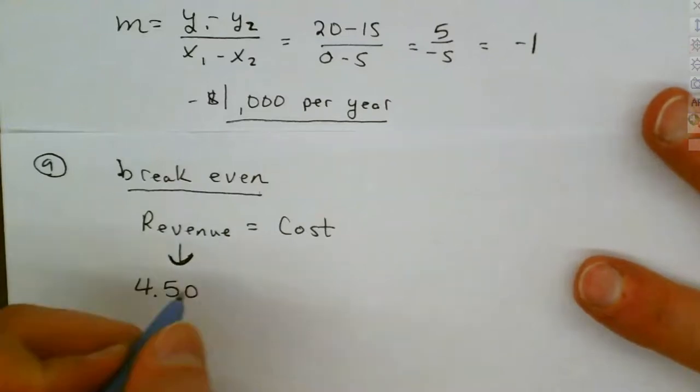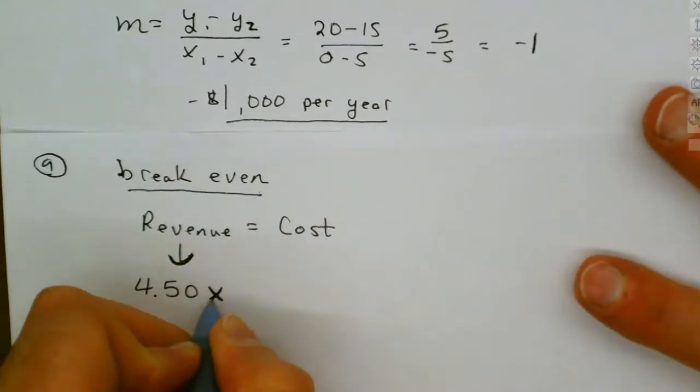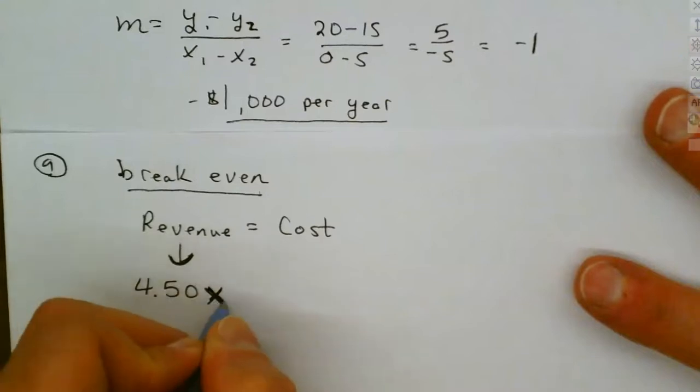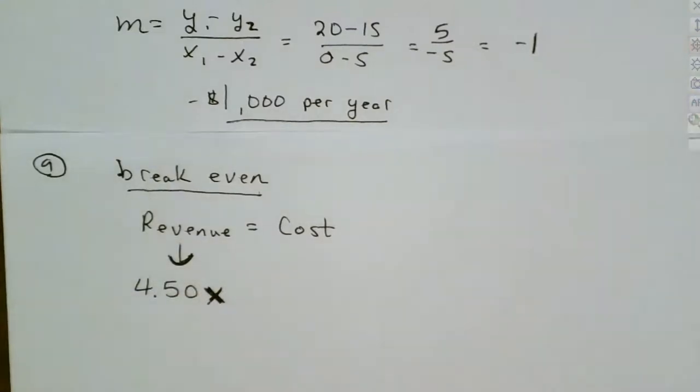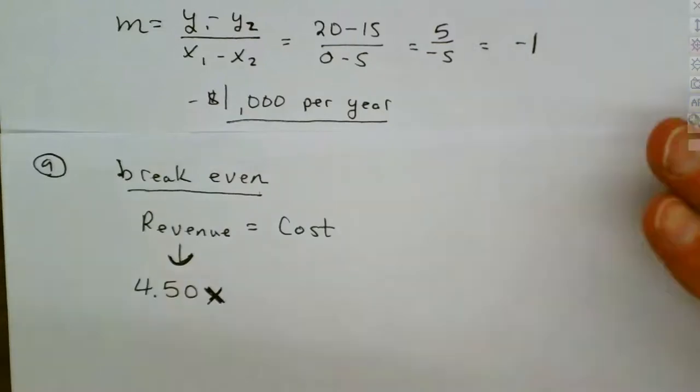We don't know, so we're going to use an X. All right, so X represents how many handles I buy. Maybe I buy one, maybe I buy a dozen. X is going to represent the number of handles. So your revenue would mean how many handles I buy times the price. So if I bought 2 handles, your revenue would be $9. Okay? Price of that item times the number.